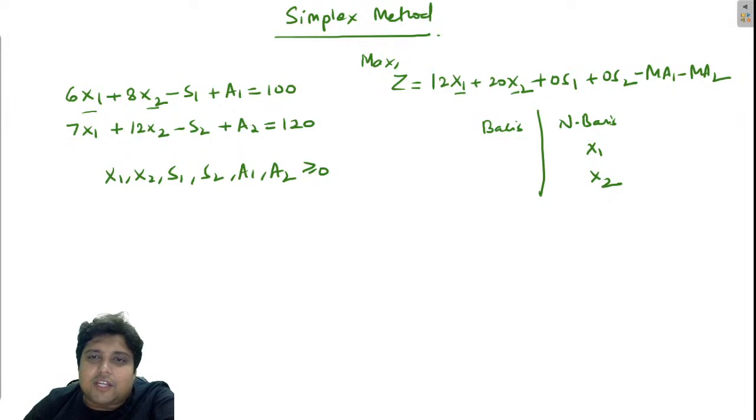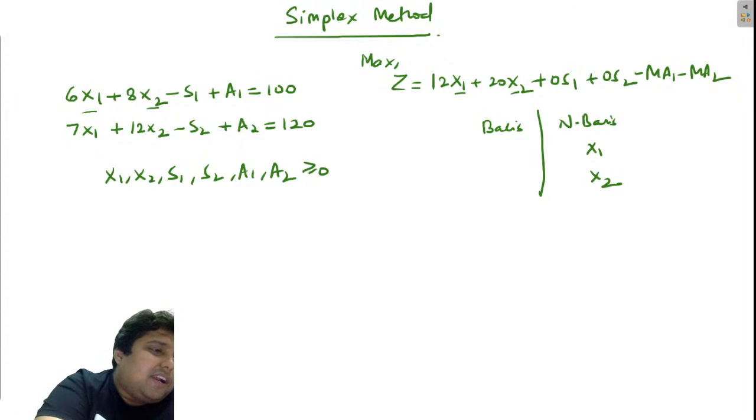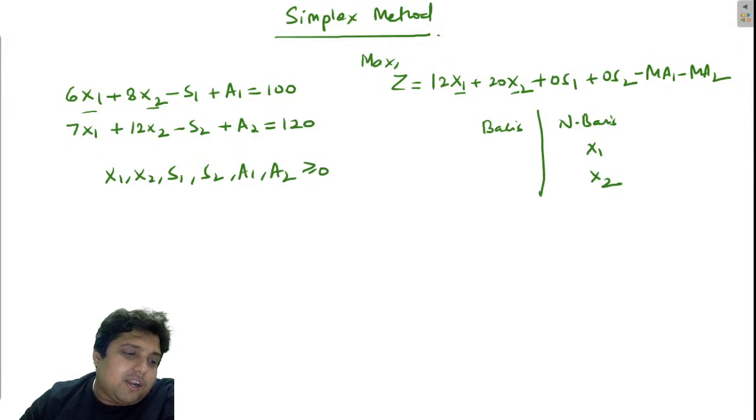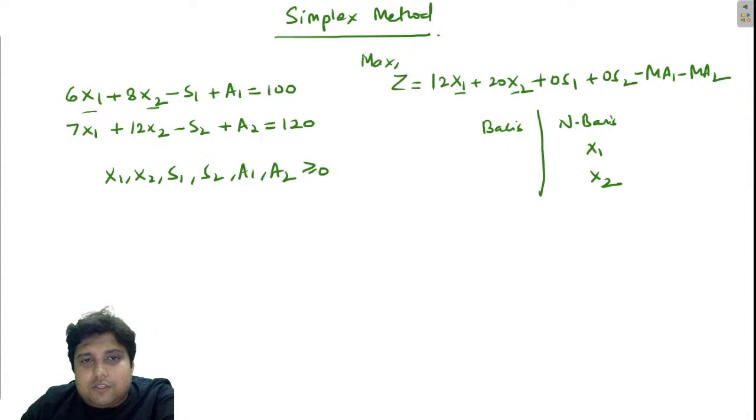Now from every constraint we need one basis variable. So we need one basis variable from here, one from here. But now x1, x2 cannot be basis, so I have two choices. I can either have s1 or I have a1. Now which should I choose?